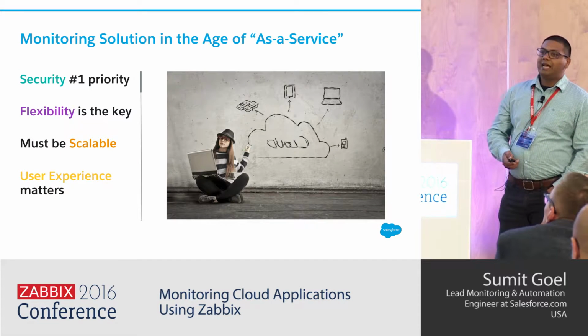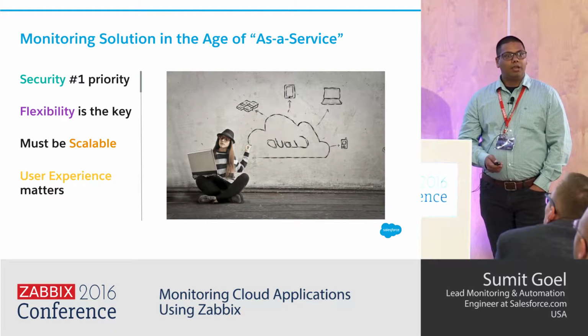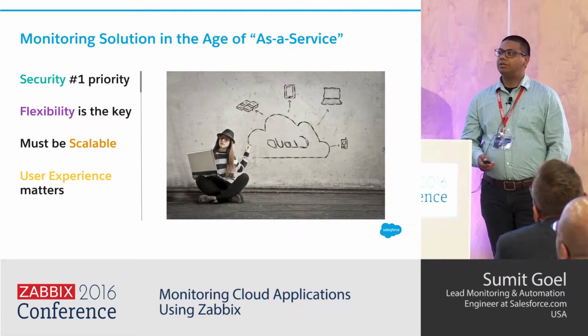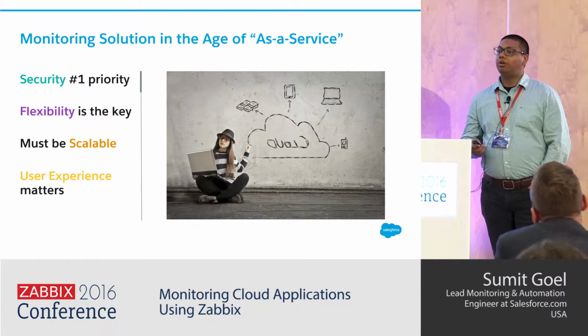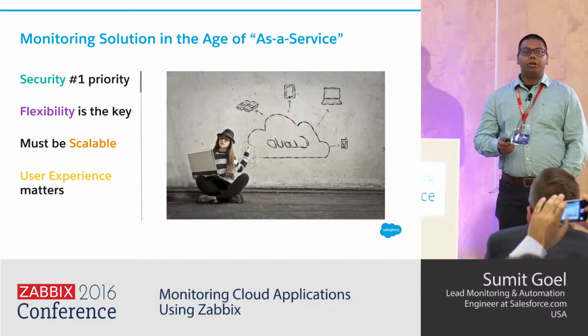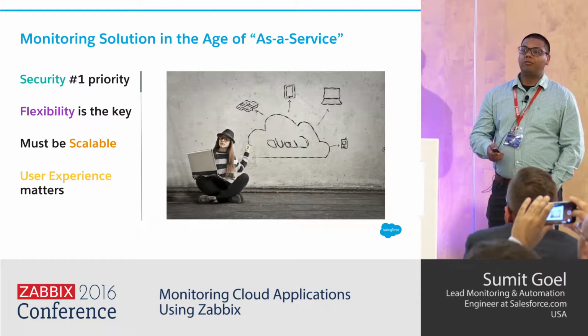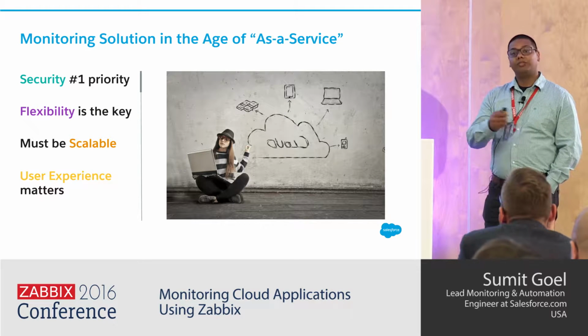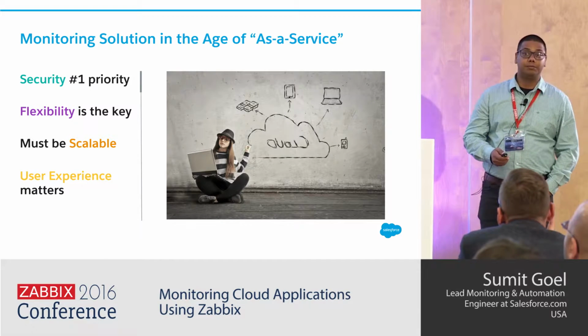We started using Zabbix about 2 years ago, and we needed a solution that works with corporate data centers and the cloud infrastructure and application services. We wanted to monitor software as a service, platform as a service, infrastructure as a service, and corporate data centers, all of that using one system.